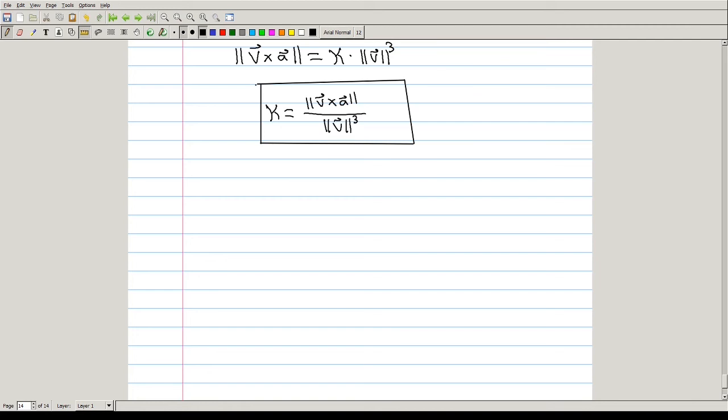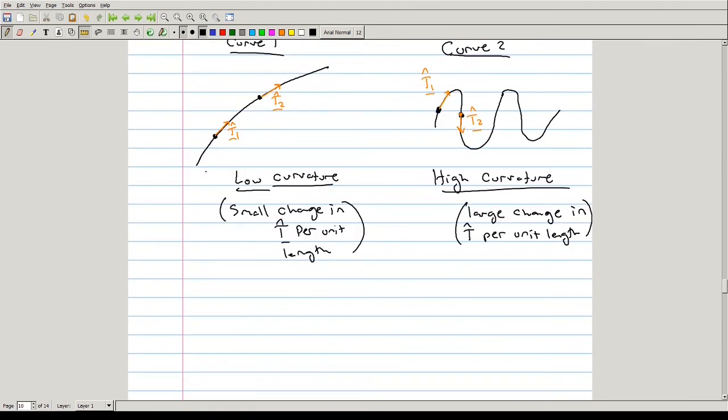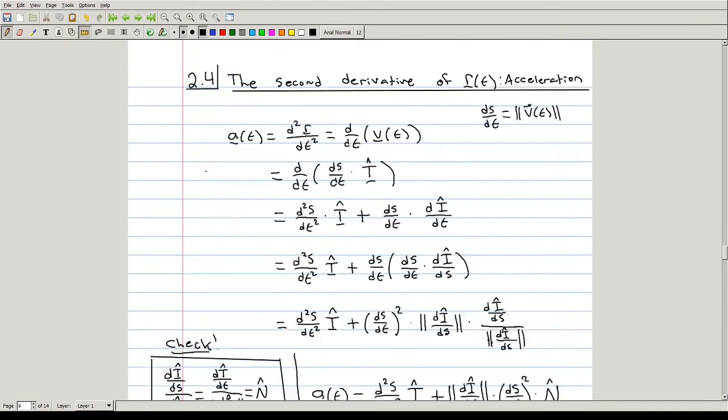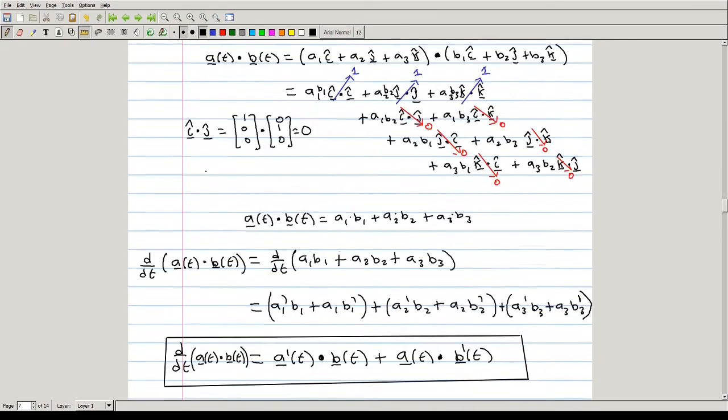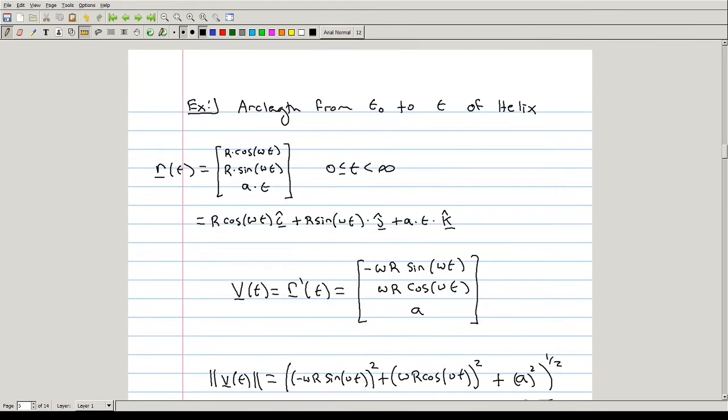So let's finish by going back to the first example, the helix, and we'll calculate the curvature for the helix. Recall the previous calculations that we've done for the helix.